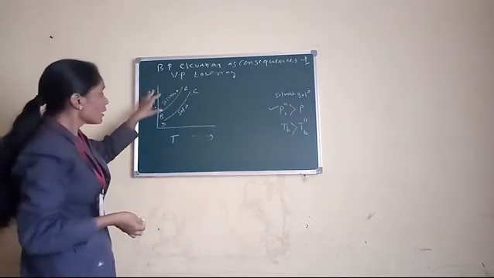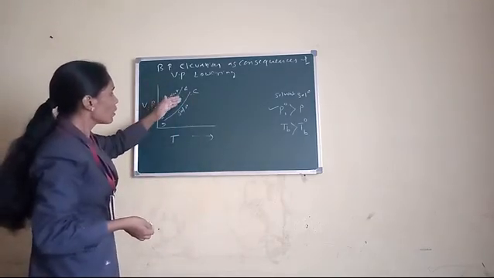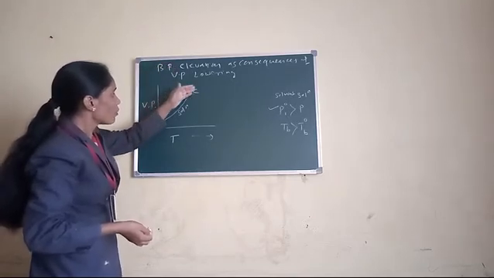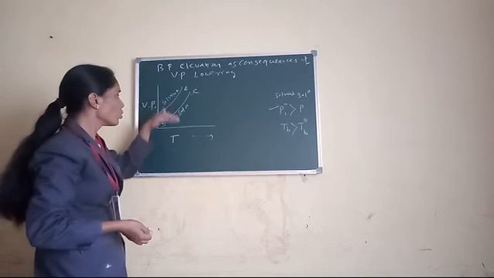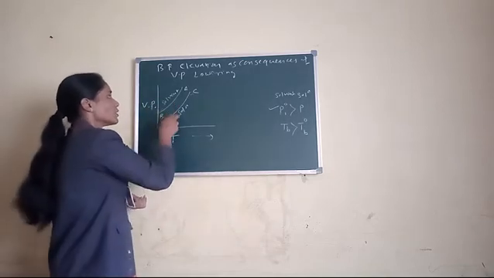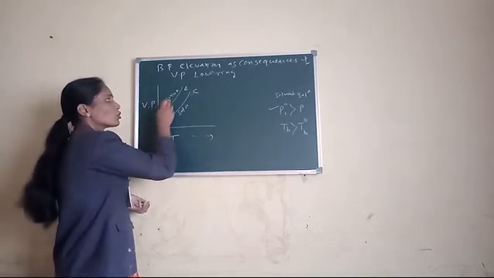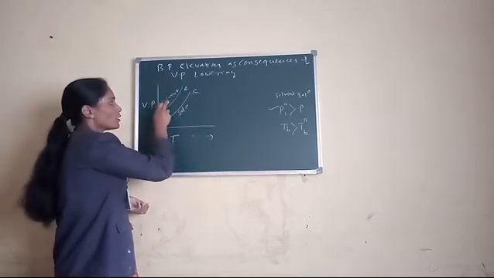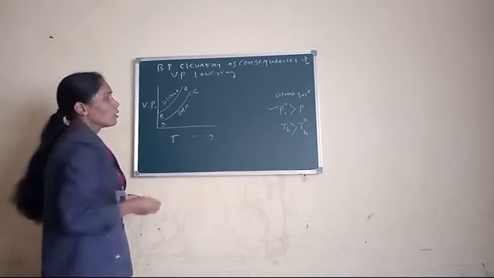It is clear from this graph that the curve of the solvent is at a higher level and the curve for the solution CD is at the lower level, from which it is clear that the vapor pressure of the solvent is greater than that of the solution.